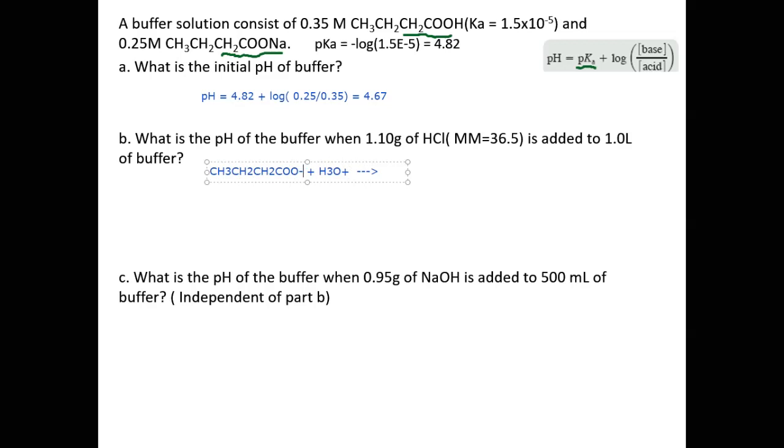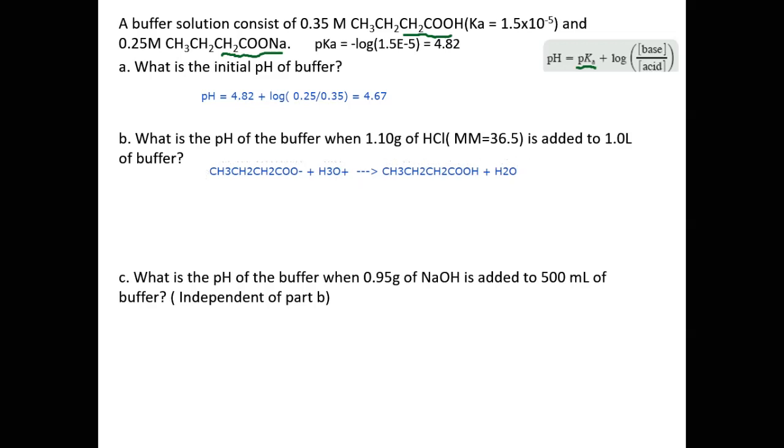I apologize, I made a correction. It's butanoic acid and sodium butanoate. CH3CH2CH2COOH plus H2O. So this is the reaction. Again, since we're adding a strong acid, it's going to react with the weak base.